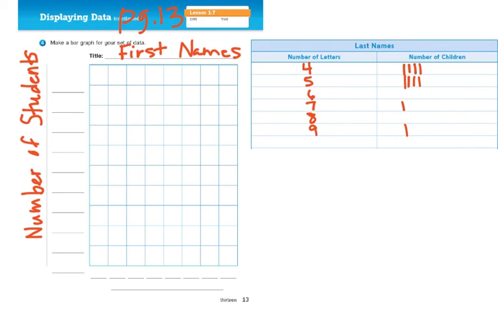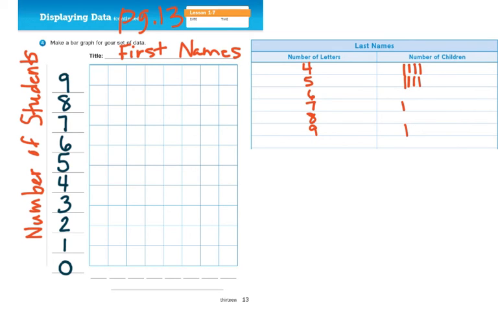But since we have a pretty small class, we're going to number with increments of 1. So let's start at 0, 1, 2, 3, 4, 5, 6, 7, 8, 9.